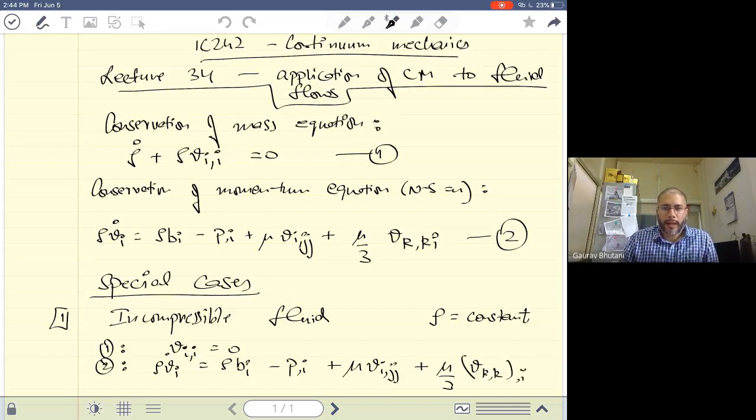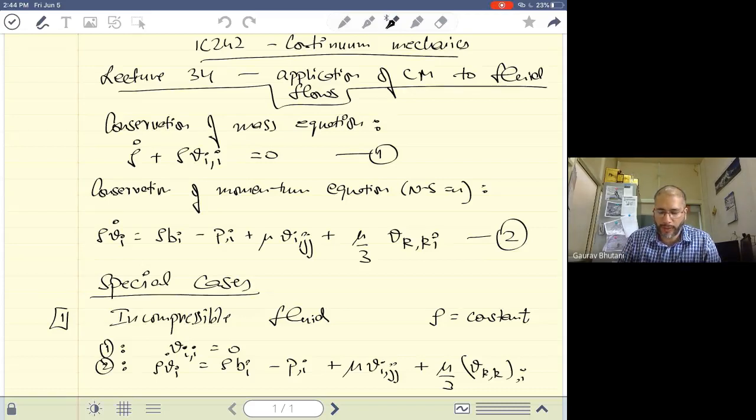So you will see that the last term, I have written it as the del by del x_i of v_k comma k. Okay, so that's typically how we can write a second order derivative as the first order derivative of a first order derivative. And we already have seen that v_i comma i is zero. So v_k comma k is the same thing. That's zero.